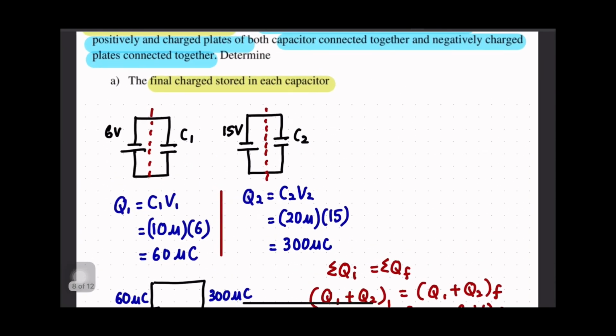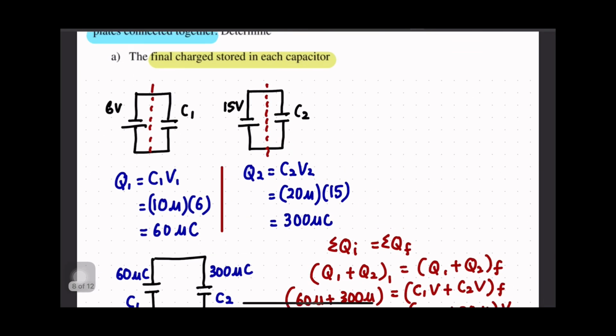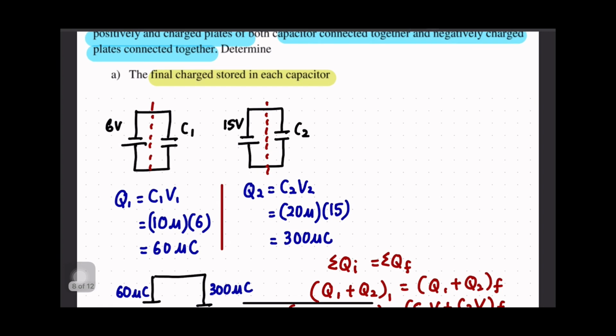Okay, so dia nak charge on each capacitor kan. Kita kira kat atas lah, tak muat. Okay, so Q1 is equal to C1V final. C1 adalah 10 micro, and V final adalah 12, so means that 120 microcoulomb.